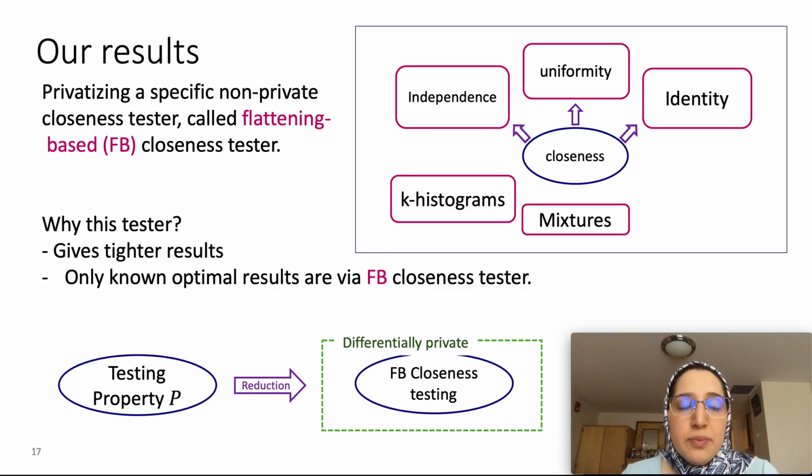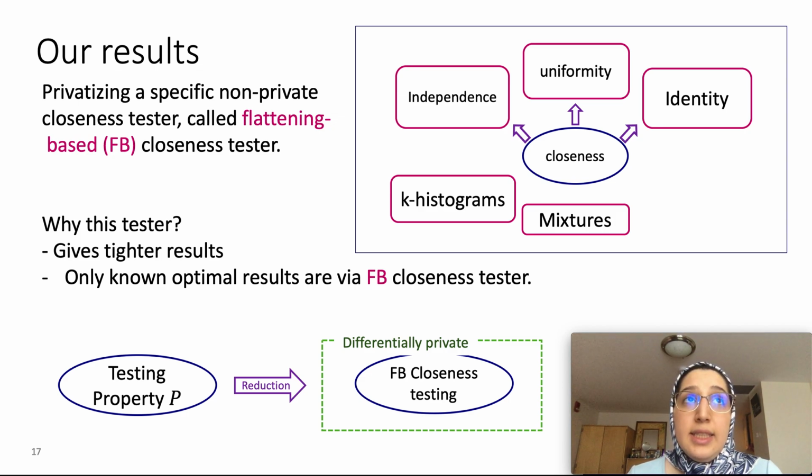So our result is basically privatizing one of the ways that the non-private closeness tester works. We have many non-private closeness testers. We focused on privatizing the flattening-based closeness tester. Why this specific tester is important is because it gives the optimal results even in the non-private setting, and in the private setting, it pretty much gets the tightest result we know.